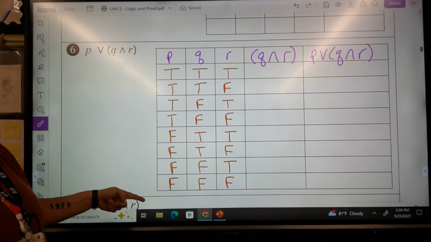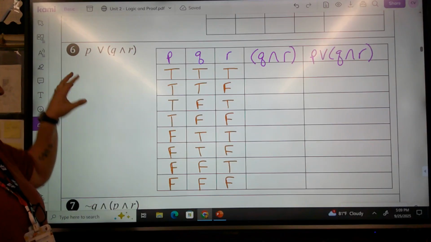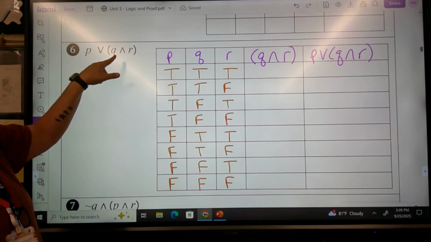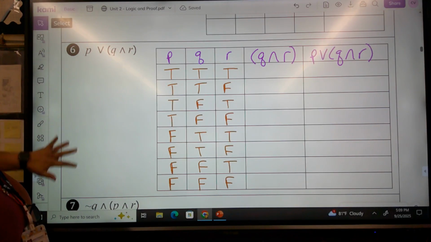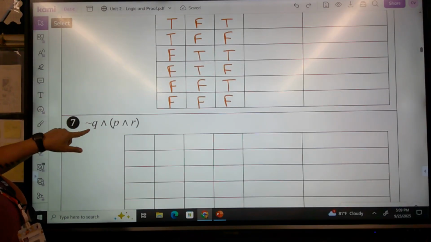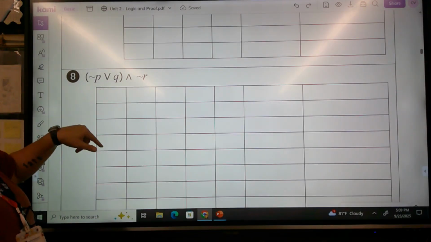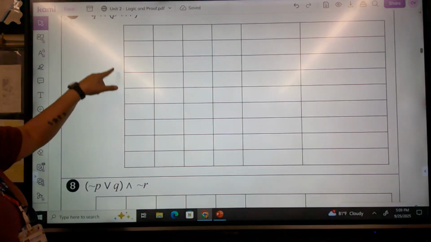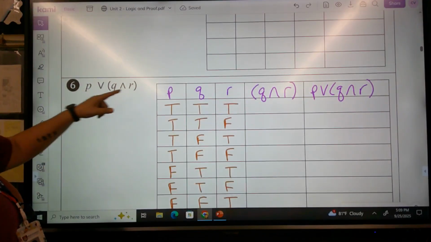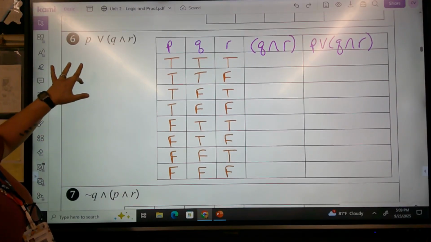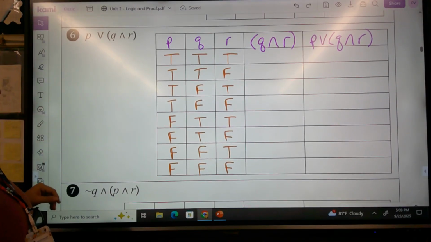This pattern repeats when you have 3 statements, which means it's the same pattern for number 7 and it's the same pattern for number 8. So you can go ahead and copy your possible outcomes into 7 and 8.